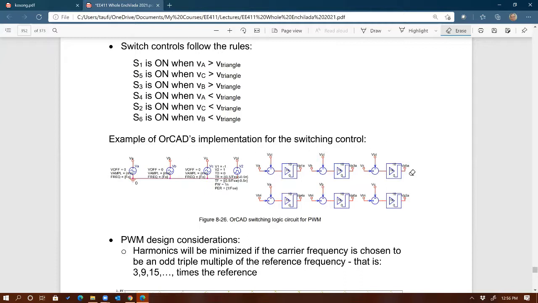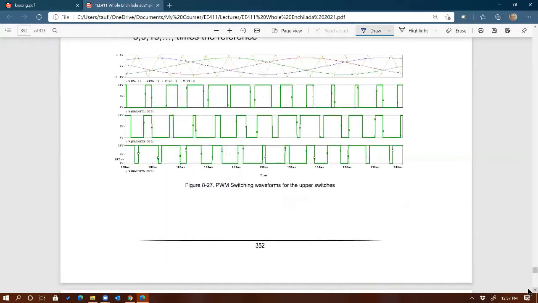And here's an example of using ideal components on how to implement these control signals. You can see I'm using a comparator and then amplify the signal and then limit the signals to only 10 volts, and then send it into the ideal switches. Of course, in the real world, you have to have drivers to turn those switches on and off.